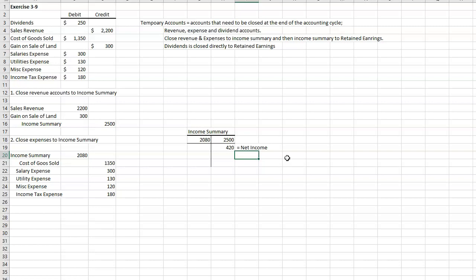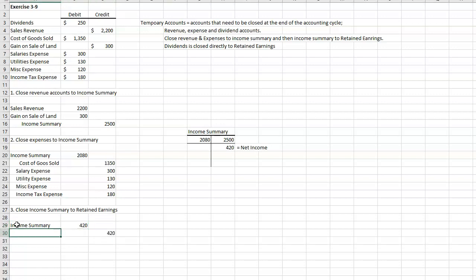So now I have to close out my income summary. That's my third entry, sorry. So close income summary to retained earnings. All right, we just saw that our income summary has a credit balance. So if I want to close it out, I need to debit income summary for the $420.